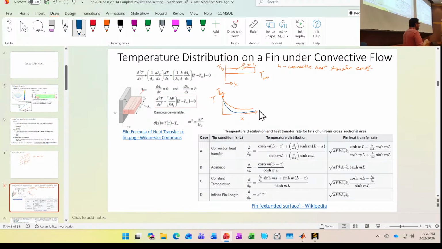What's the other thing that can affect this slope, this profile? We talked about the surrounding fluid. What do we also need to think about? Yes, properties of the fin itself. So radius could affect it.